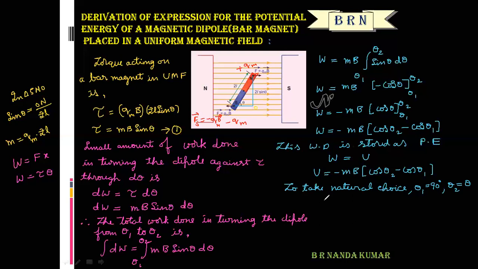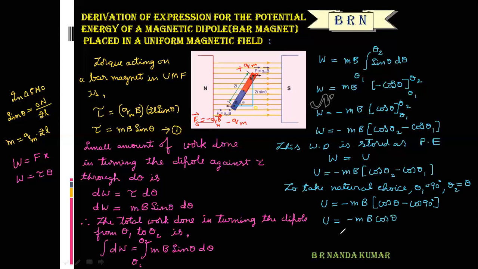So U is equal to minus mB of cos theta minus cos 90. Cos 90 is 0. So U is equal to minus mB cos theta.